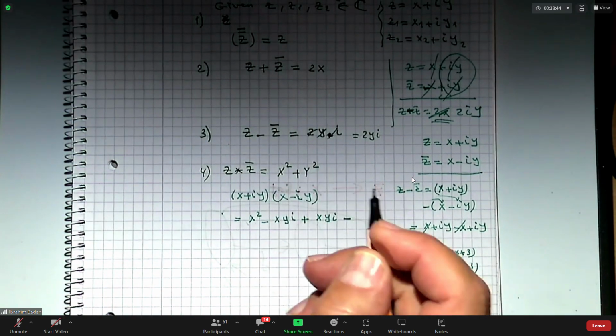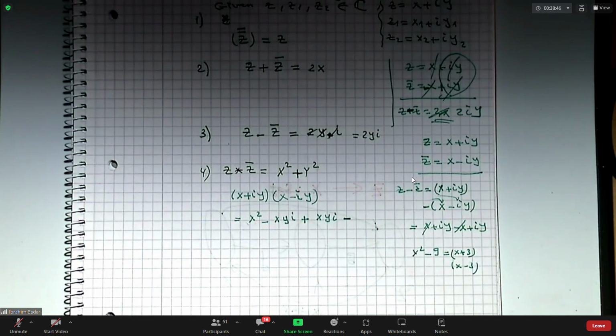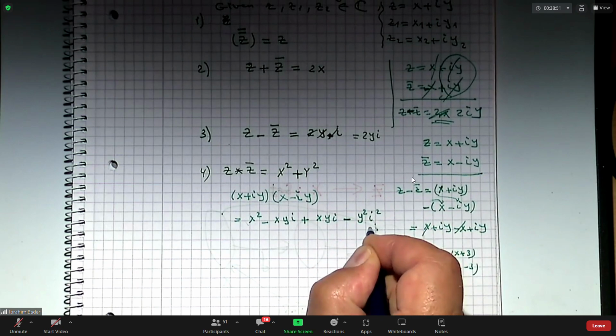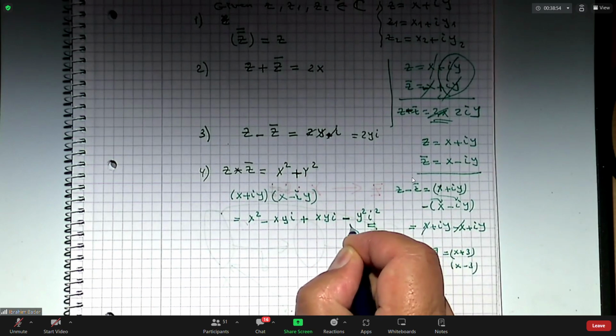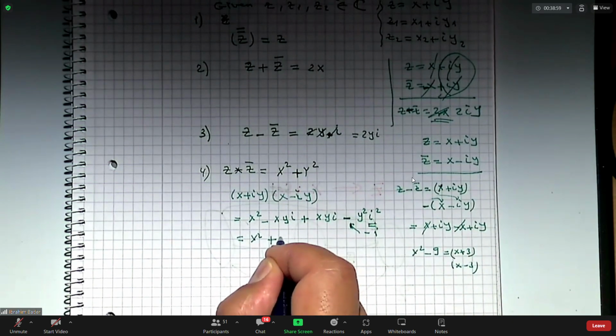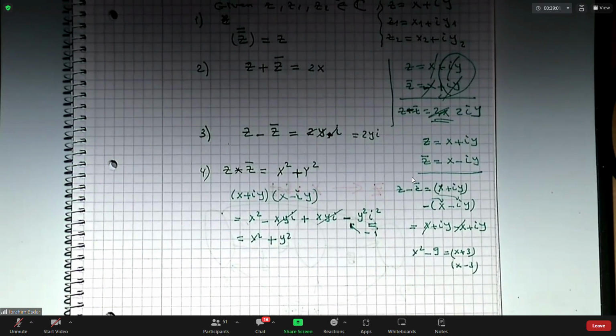Because I have y squared times i squared, and i squared is -1, so this will go here and become plus. So at the end I have x squared plus y squared, while these two will cancel. It's similar to this behavior, but because we have i squared, it causes -1. You multiply it with the negative, you get positive.